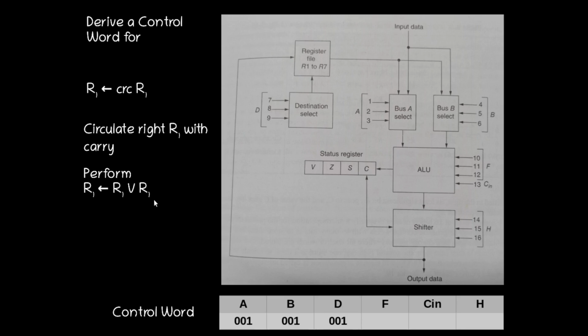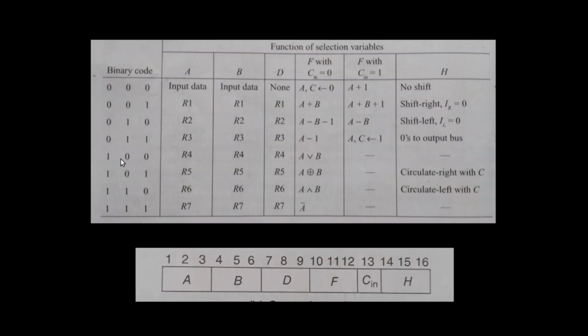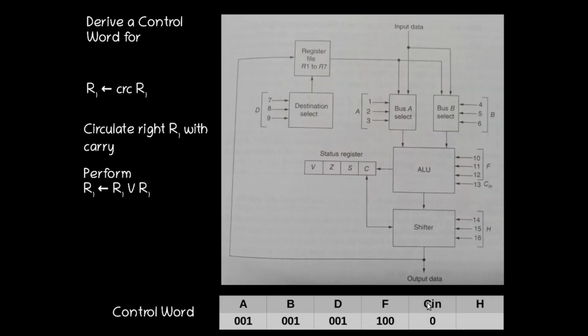So the corresponding pattern will be 001 001 for the sources, and the destination is also 001. Then for the logic OR operation, 100, with Cin equal to 0 because that has no significance in logic operations.